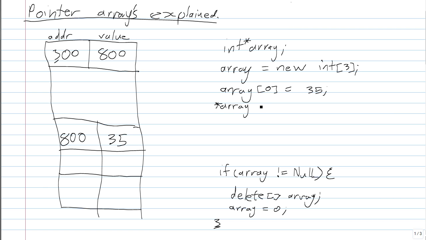So star array, which means take the value of that pointer array, which is 800 in this case, and then get the value at that address. So at address 800, that value. So this would be equal to 35 at this stage. We could also then assign a value to that index like this.